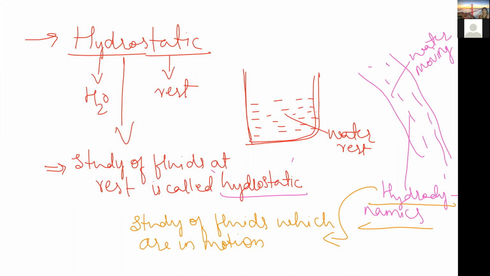Hydro means water, static means rest position, so we study the liquid at rest. Dynamic: hydro again means water, dynamic means the liquid is in moving position. The liquid may be in rest position or in moving position. Whatever liquid property we study, whether at rest or moving, we give a particular terminology to study it.